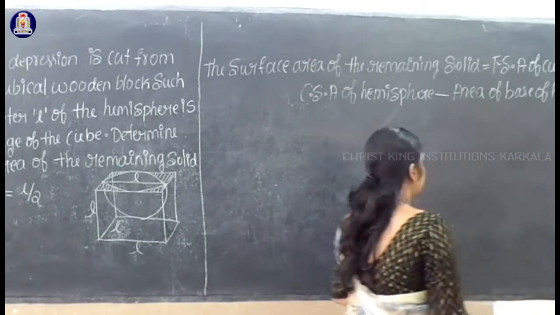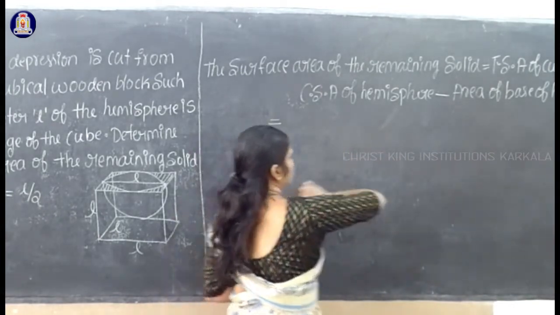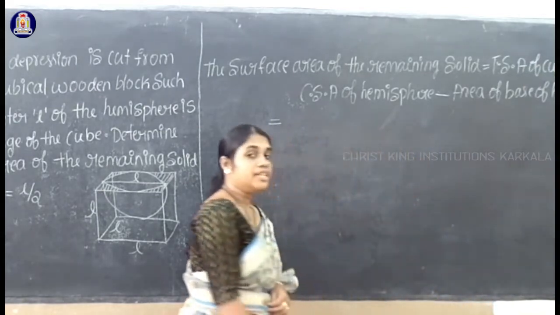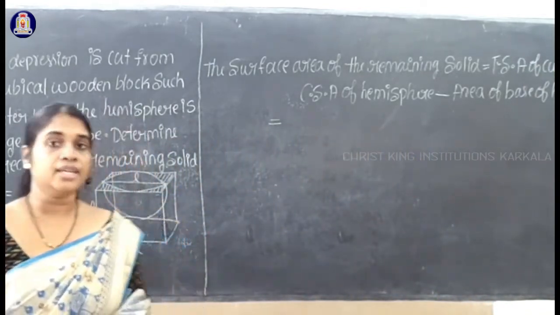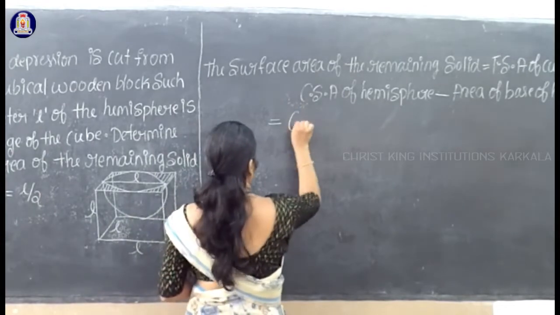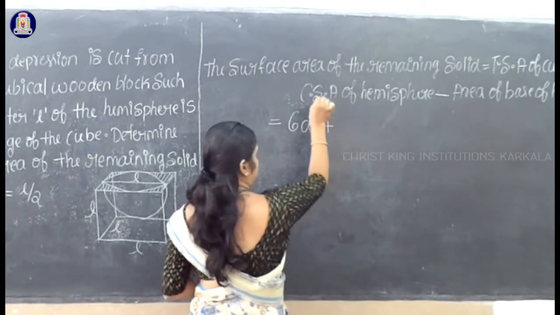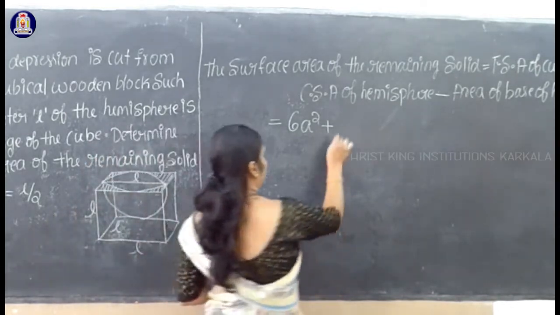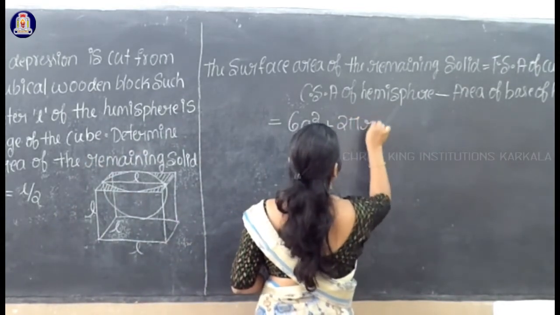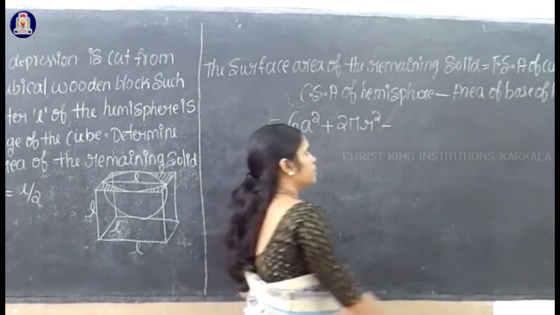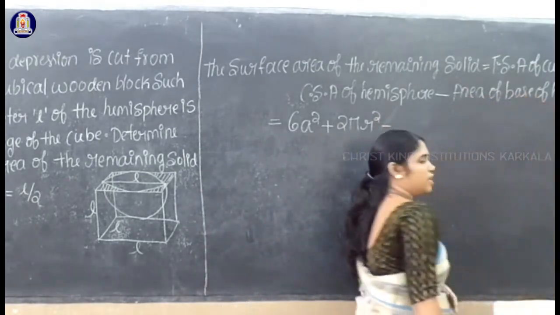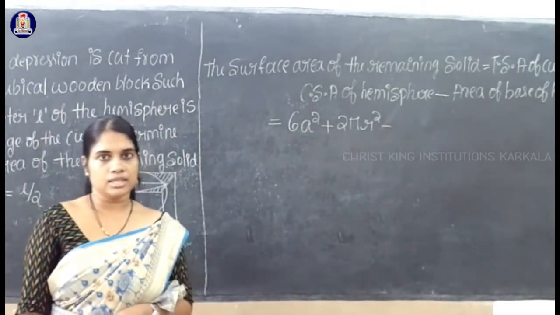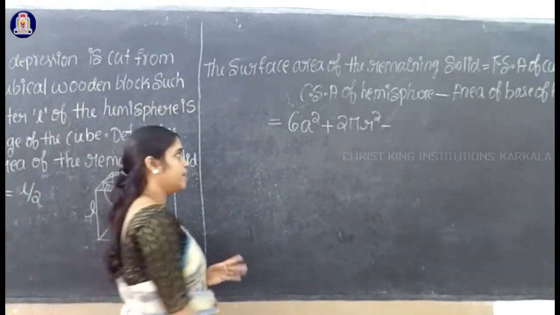Now we will substitute the formula. The formula for the TSA of the cube is 6a square. The area of a circle is pi r square.